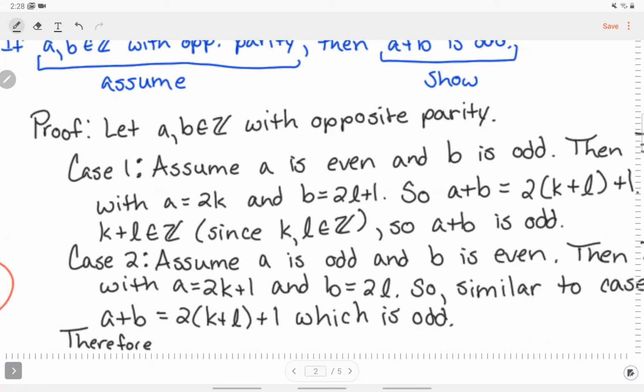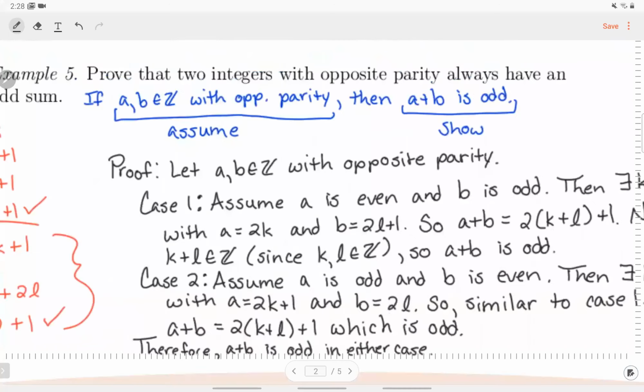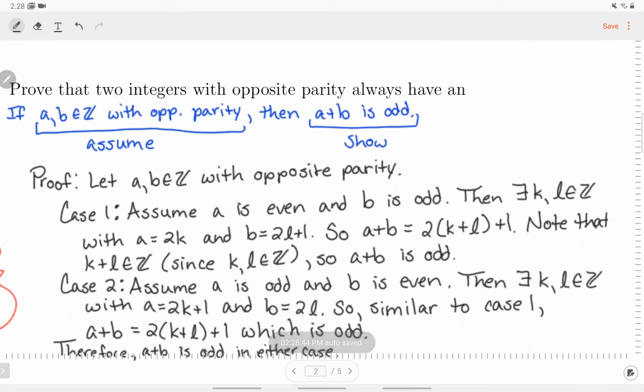So therefore, A plus B is odd in either case. And that's the end of my proof. Box.